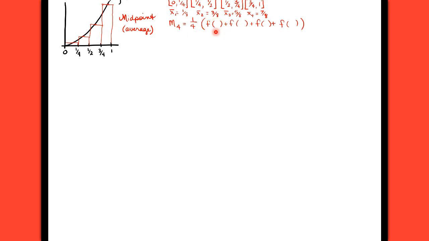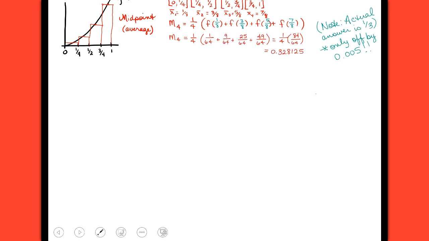The way that I'm going to find the height for each of those intervals is I'm going to take the x value and plug it into the function to find the y value, right? The x value that I'm using is the midpoint. So I'm going to go through and plug in every one of those midpoints. I'm not going to start with the second one or stop with the next to the last one. I'm going to use every one of those midpoints. So I'm going to take 1/8 and plug it into the function y equals x squared.